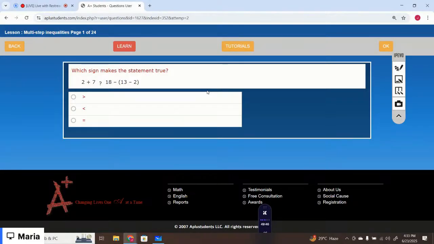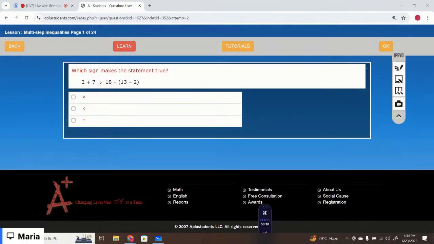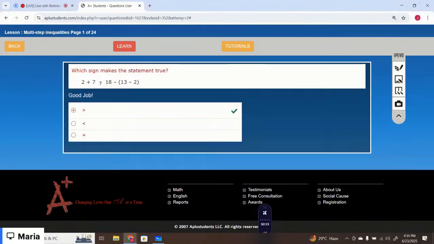So let's solve one side and see if they are equal. 7 plus 2 is 9. 18 minus 11 is 7. So is 9 greater than 7 or less than 7? 9 is greater than 7. The correct option is greater. Option number 1 is the correct option.